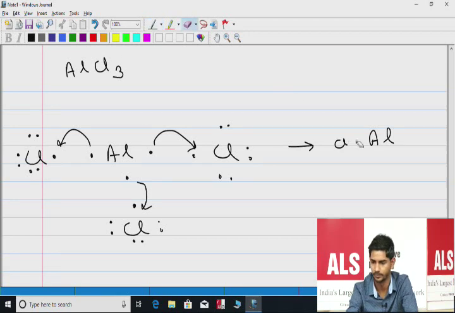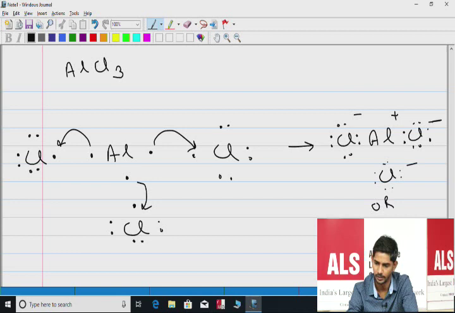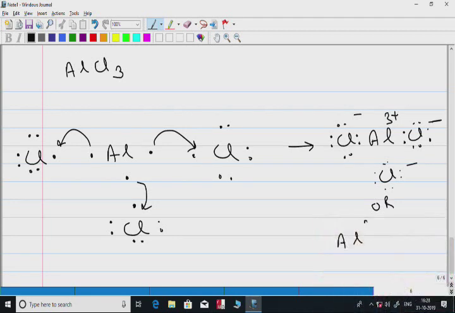Minus, plus, minus, minus, and sorry, there will be a 3 plus charge. Al3 plus with 3Cl minus. Copy.